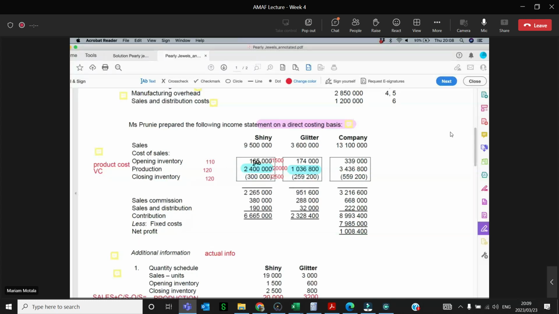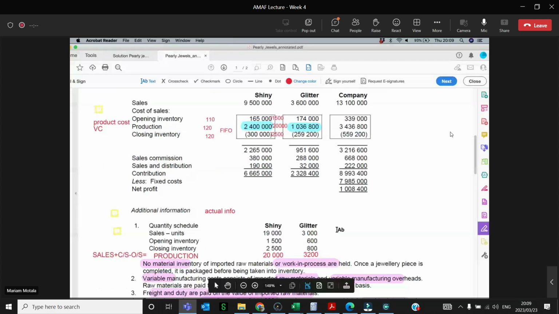Can you see the variable cost of opening inventory differs from production and closing inventory? The fact that these two are the same, you know that this environment is using what? FIFO. Remember? Earlier on, we spoke about the different ways to value inventory. So from this, you can see that Ms. Pruny is using FIFO, and you are in a position to already come up with the variable cost of production.